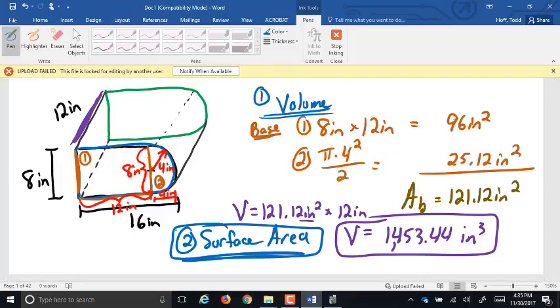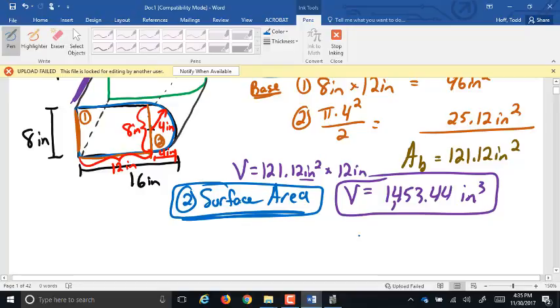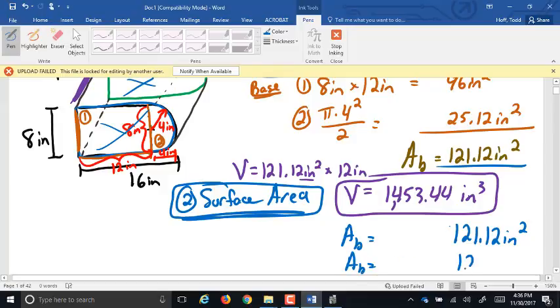All right, for the surface area, we're going to have to do the area of the base, which we already found, 121.12 inches squared. There's one on the front, there's also one on the back. So there's another 121.12 inches squared.